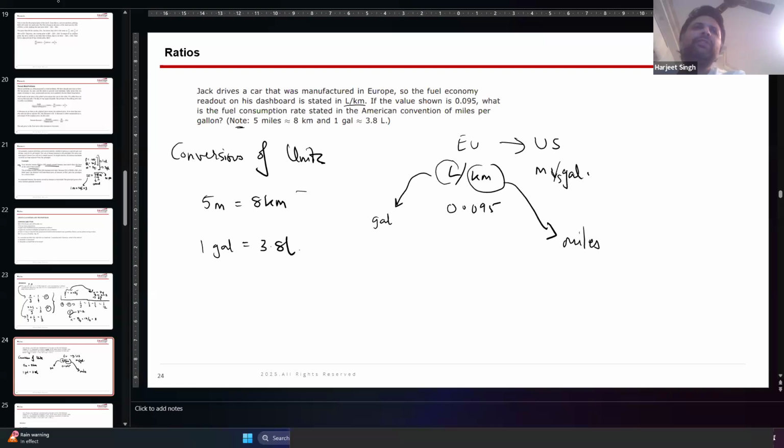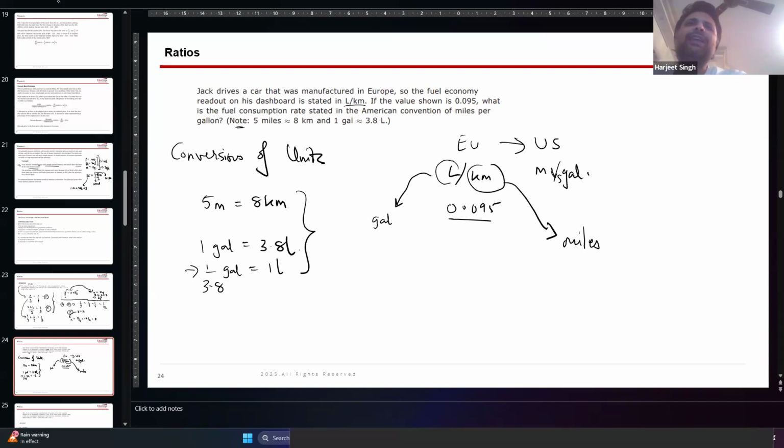How do we do that? We make use of these two equations. For instance, 1 gallon is 3.8 liters. So hence can I write 1 by 3.8 gallons is equal to 1 liter. So convert everything into 1 liter and 1 kilometer, basically, because 0.095 is liters per kilometer.